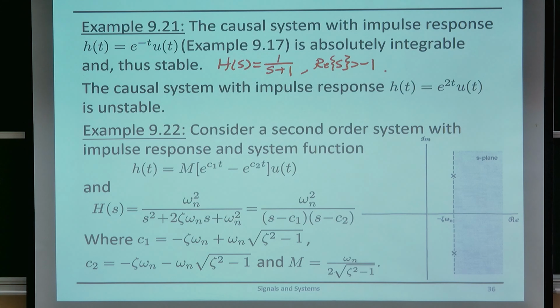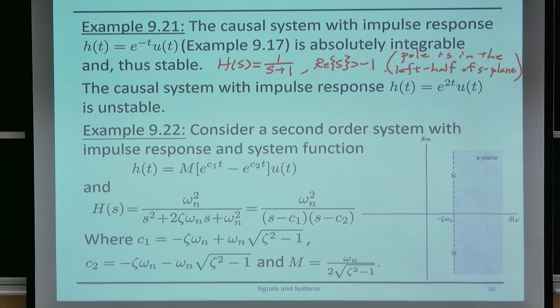So you can see here that this system is indeed stable because its pole is in the left half of the s-plane.